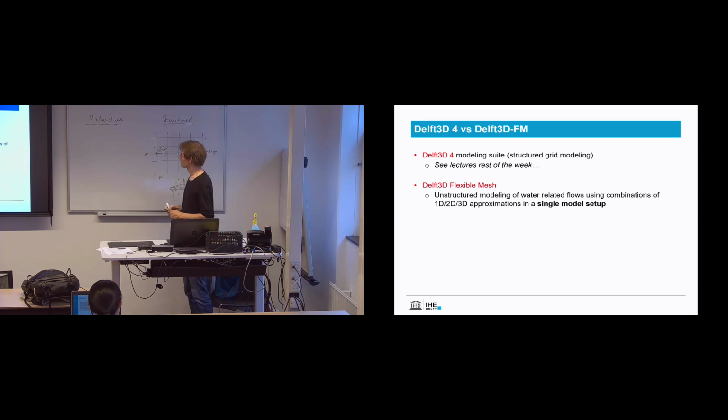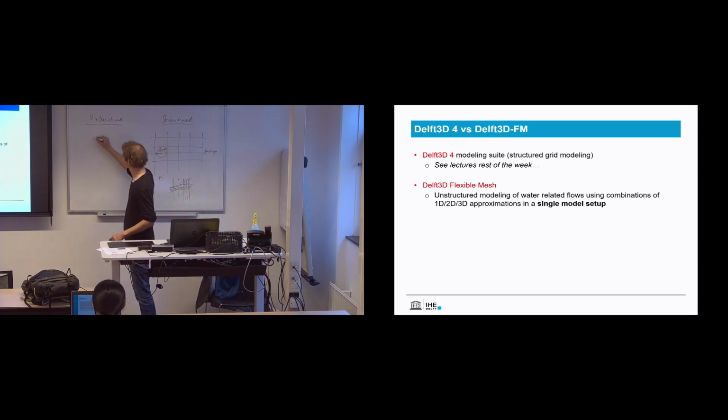If you're modeling unstructured, then you have, for example, a triangular grid, or a combination of triangles with rectangles, like so. Here again you have cell centers. Let's complete this to rectangles, like so.